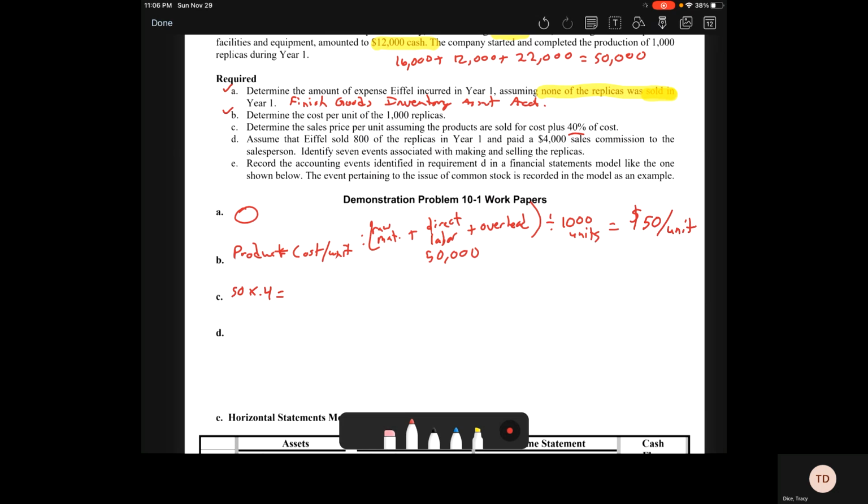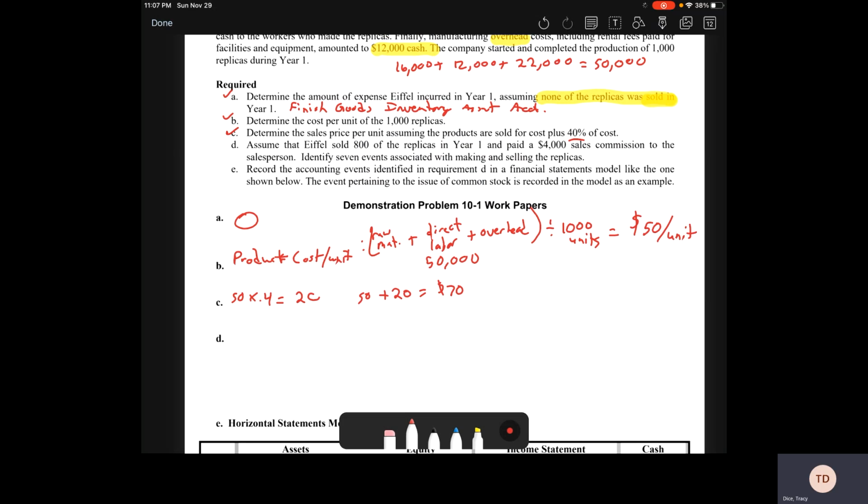Should be 20. So if we're going to sell it for a 40% increase, we get our 50 plus 20 to find out that we should be selling them for $70 each. So our cost of goods sold per unit is $50 per unit, but we're actually selling them for 70, so we make a little profit. All right, so there's part C.